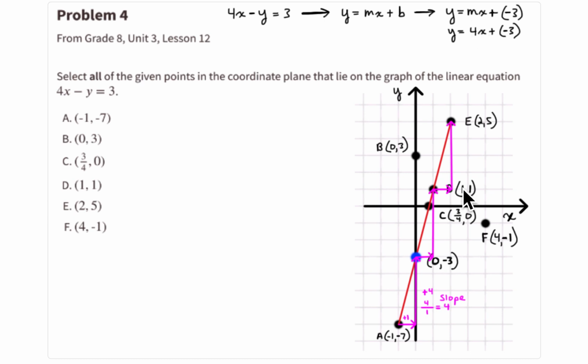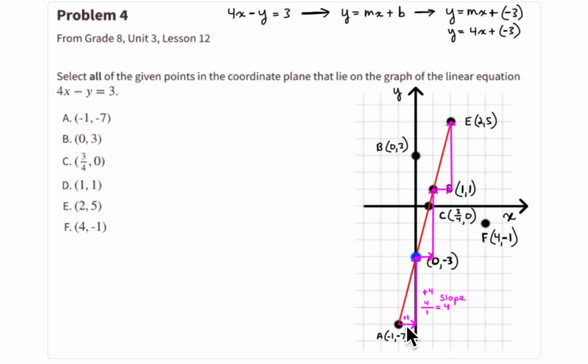Well, the slope is how much vertical change there is compared to horizontal change. In other words, for every unit that this changes in the horizontal direction, how many units change in the vertical direction? That's the change in y divided by the change in x. In this case, it's 4 units in the y direction divided by 1 unit in the x direction. So 4 divided by 1 is 4.